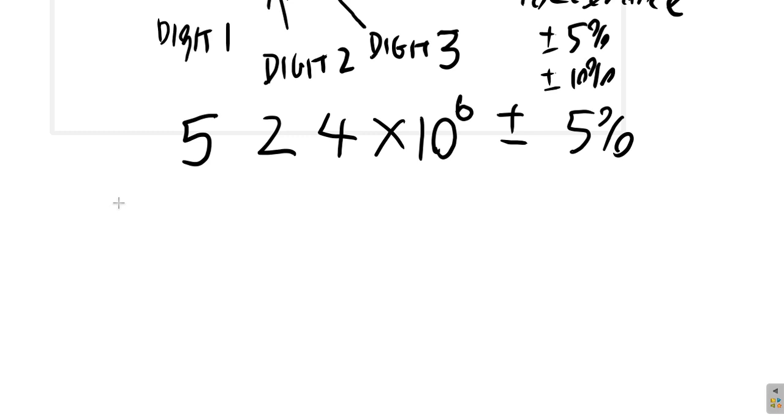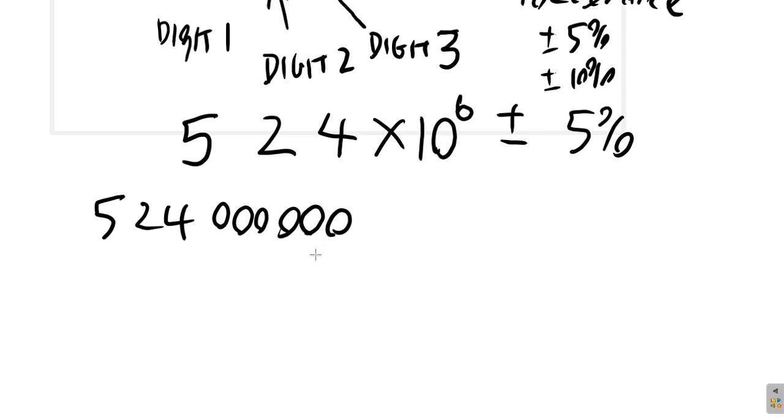This is going to be 524 times 10 to the 6, which means 6 zeros, plus or minus 5%. Now this is a very big number, 524 million. What we can do is call it 524 mega ohms, right? But let's work with it for now as it is.